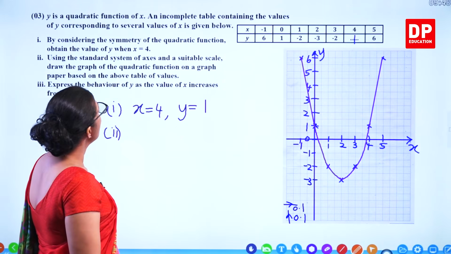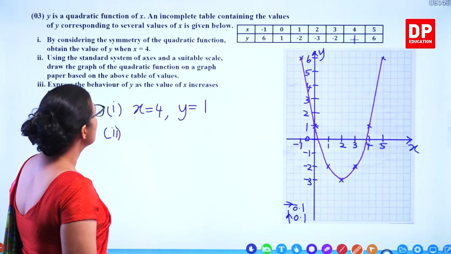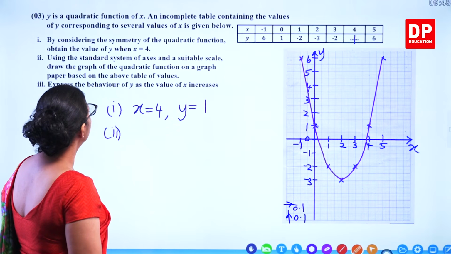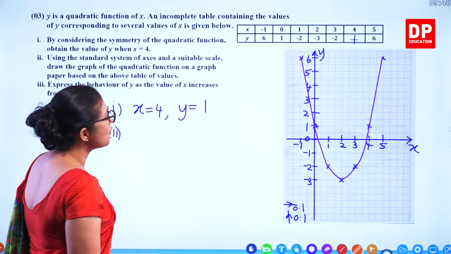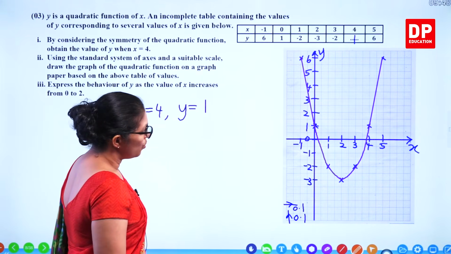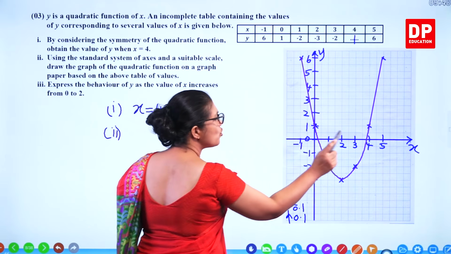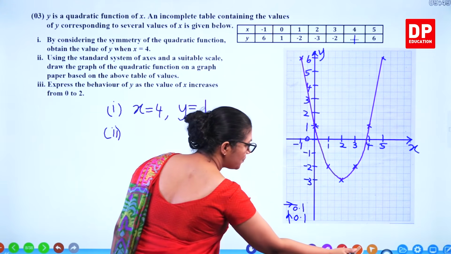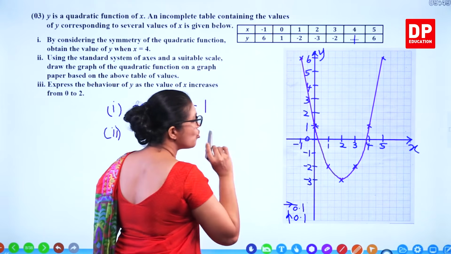Express the behavior of y as the value of x increases from 0 to 2. Now look carefully, x value 0 to 2. We'll take another color just to show you.